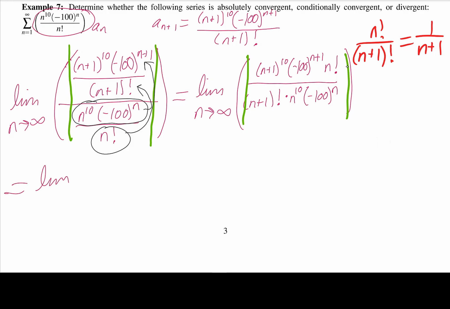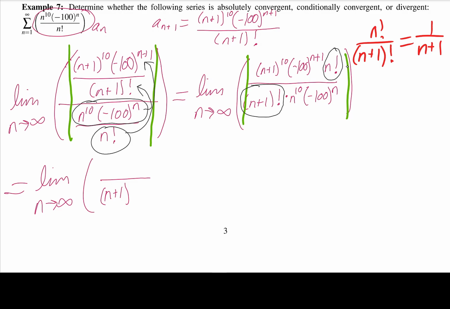So using that, I have an n factorial up here, and n plus 1 factorial down here. So that'll give me the 1 over n plus 1 factorial, or sorry, 1 over n plus 1. So I'll have an n plus 1 down here.